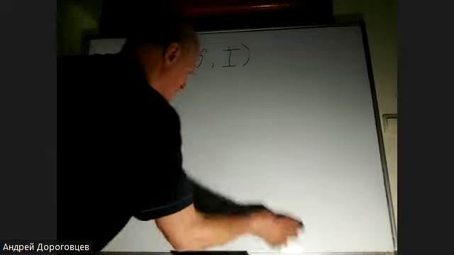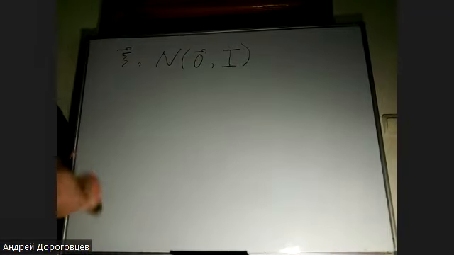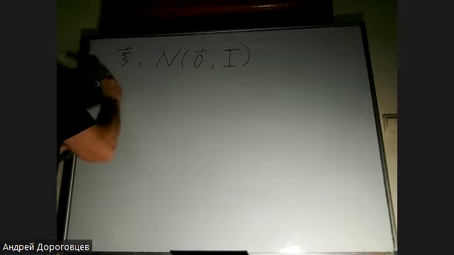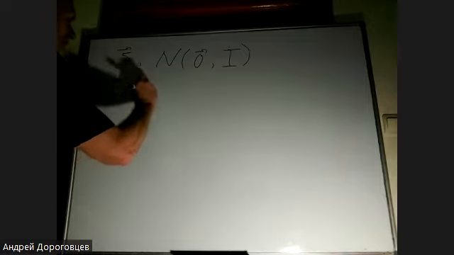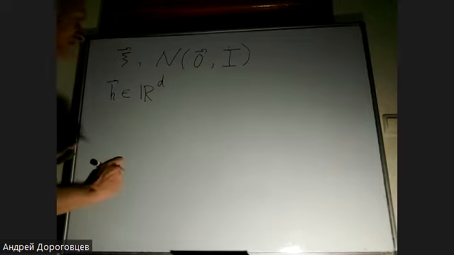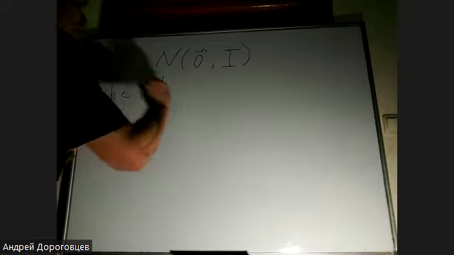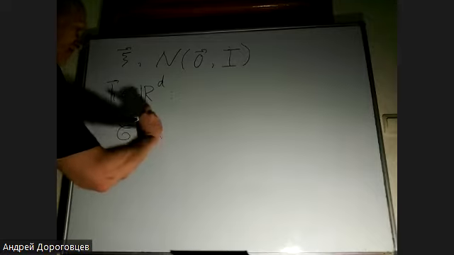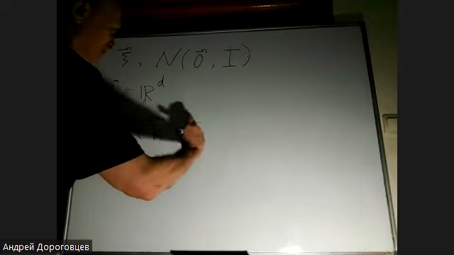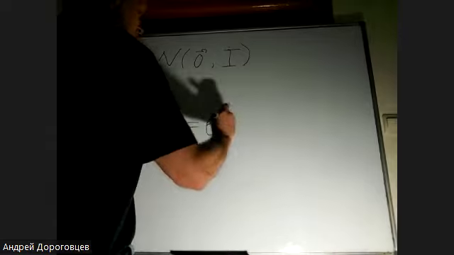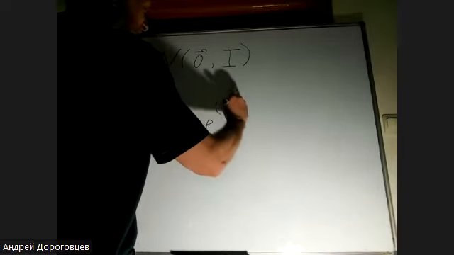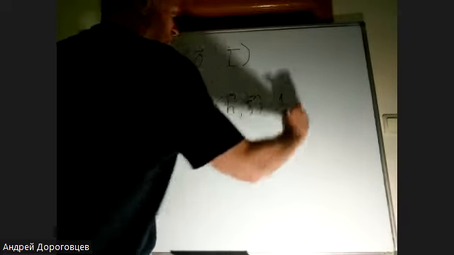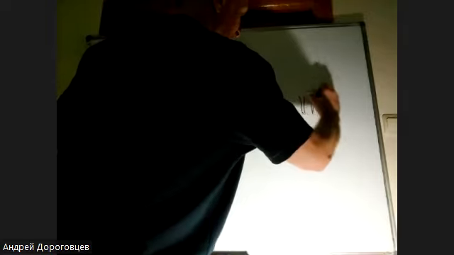Let us introduce the following function. For any h which belongs to R^d, define the following random variable. E of h will be equal to the exponent of the product h psi minus 1/2 of the norm of h squared.